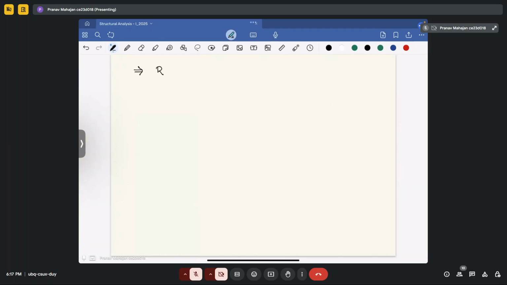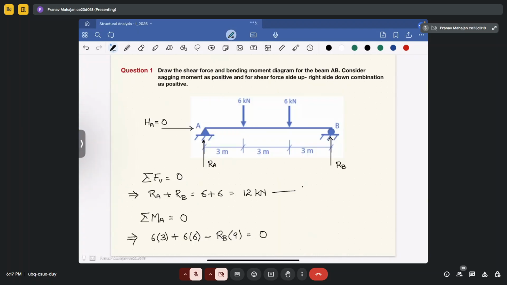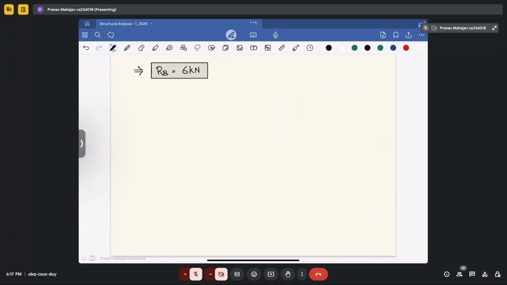You will get RB equal to 6 kilonewton. Okay. Now substitute this RB in the first equation. So this is your first equation. Okay. So what you will get? RA will be equal to 12 minus 6 equal to 6 kilonewton.